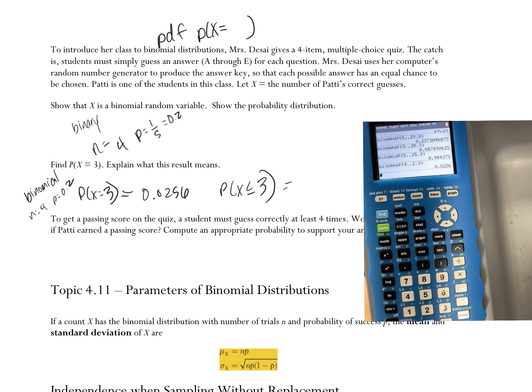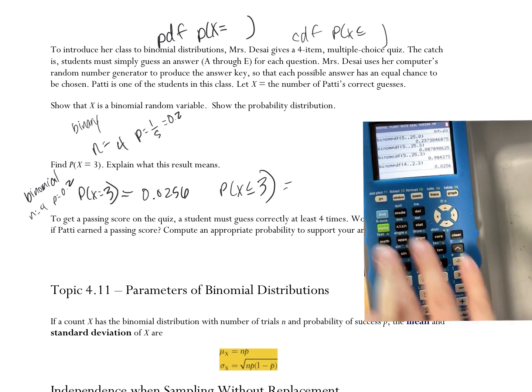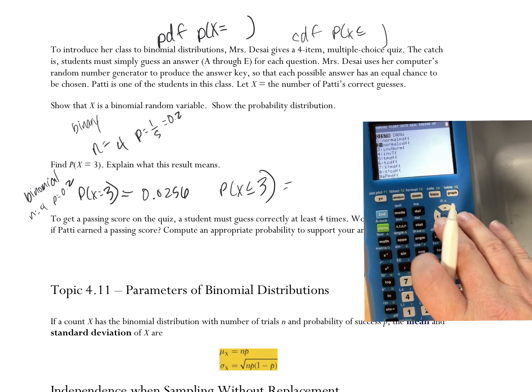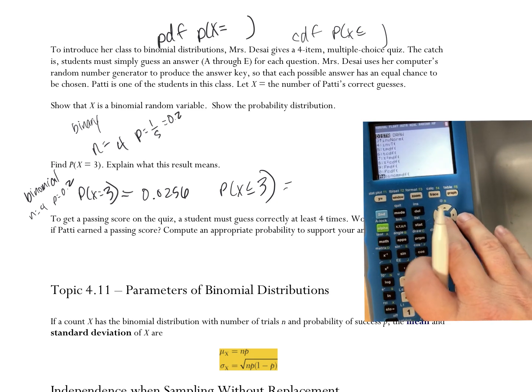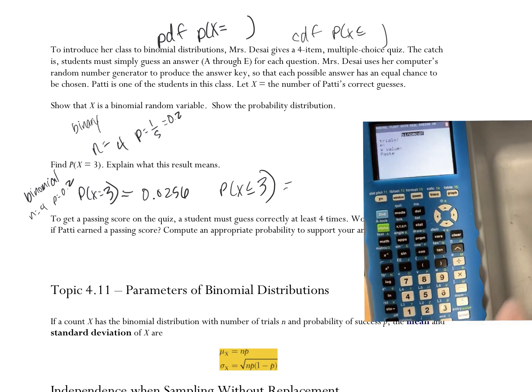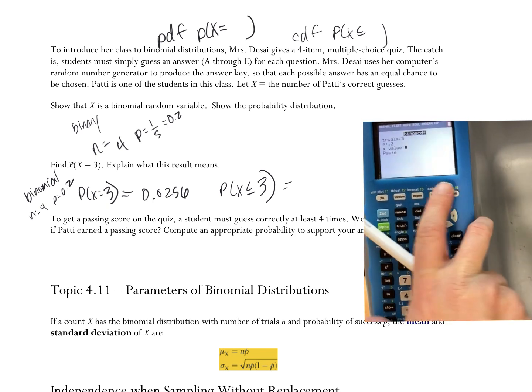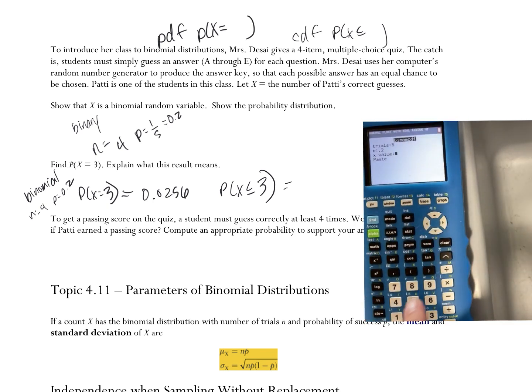Everybody good? So CDF gives me the probability x is less than or equal to something. And we just got to be really careful because as I look at this, other than the PDF or the CDF at the top, this looks identical.